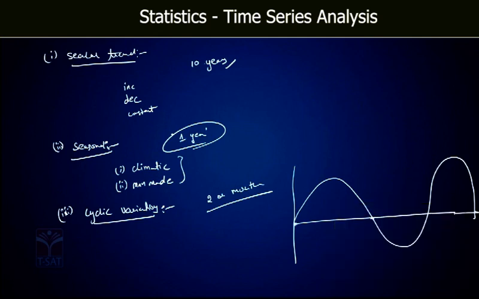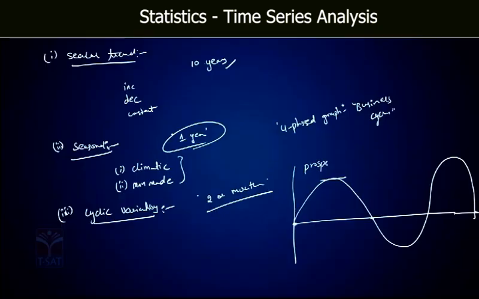Usually we call this graph a four-phased graph, or we can also call it business cycles. Usually this cycle will repeat within 2 or more years of time interval. The cycle will repeat.